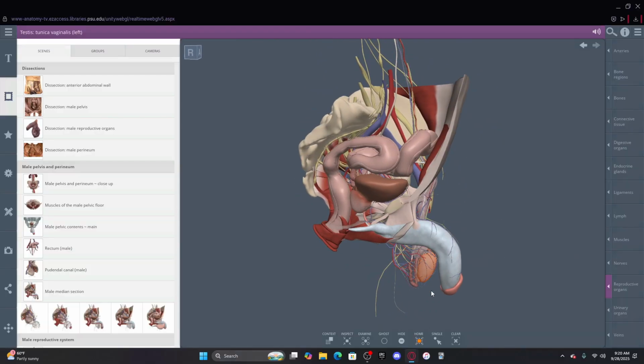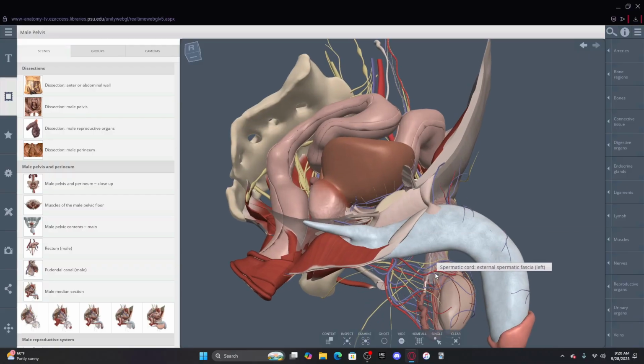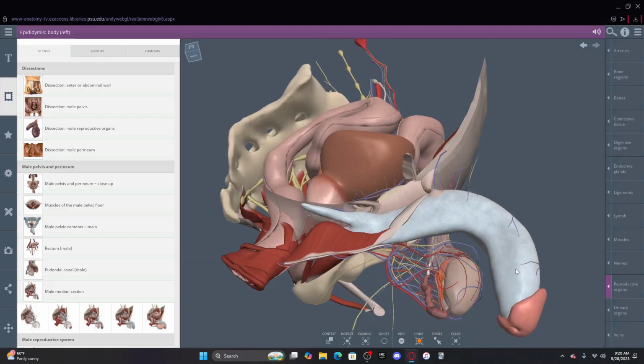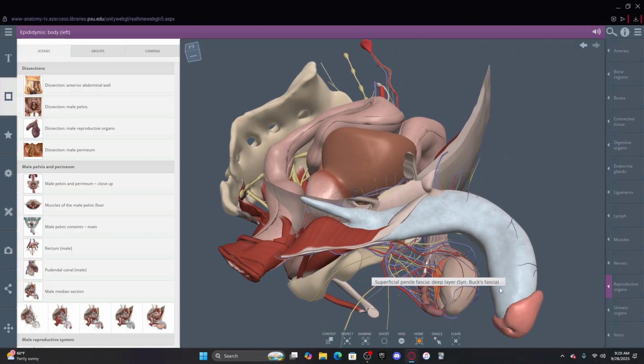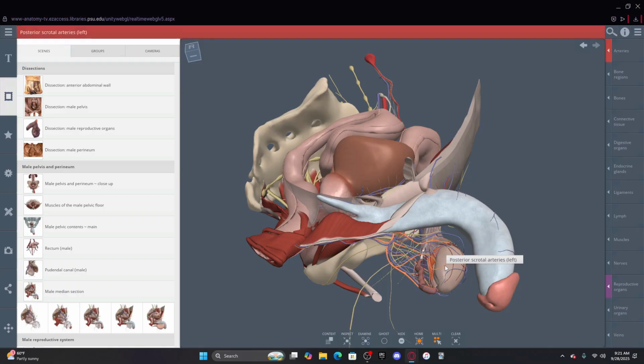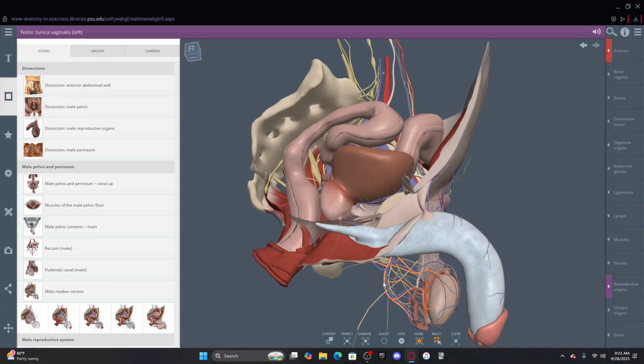All right, so testis. Coming from the testis, we have the epididymis. Right, so epididymis would be directly on the back of the testis here. Our epididymis turns into our vas deferens or our ductus deferens. Testis, you have our epididymis, which turns into our ductus deferens.